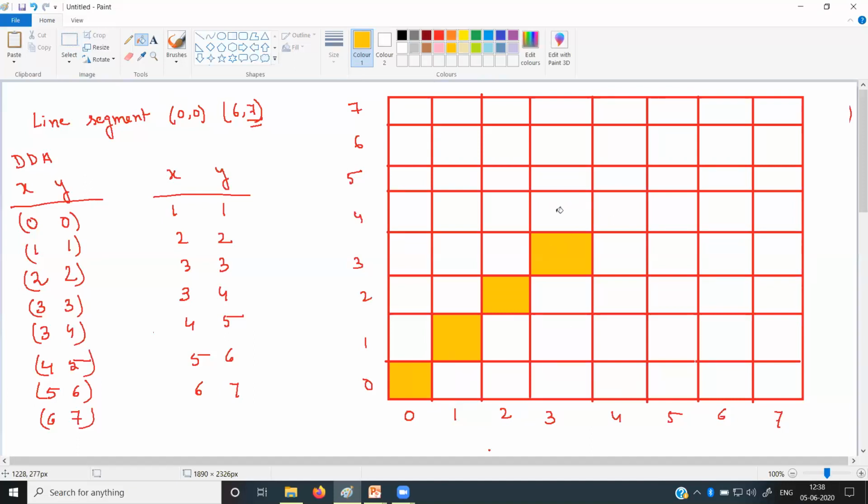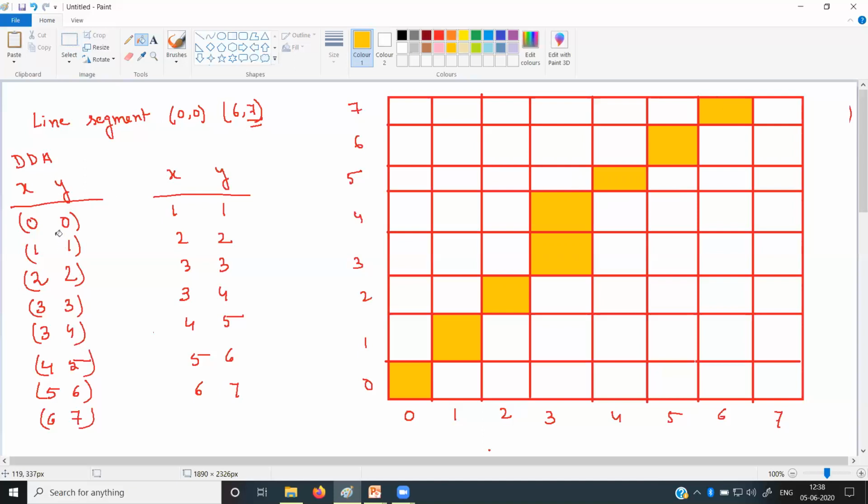Sixth one is the 4, 5. Seventh one is the 5, 6. And the last one is the 6, 7. So this is the line which you will get for the line segment from 0, 0 to 6, 7 using the DDA line drawing algorithm.